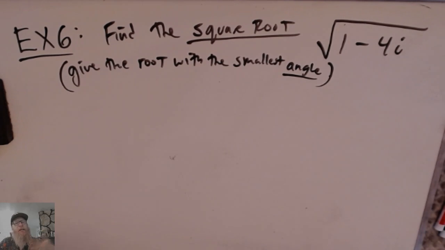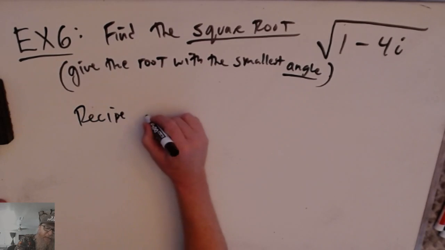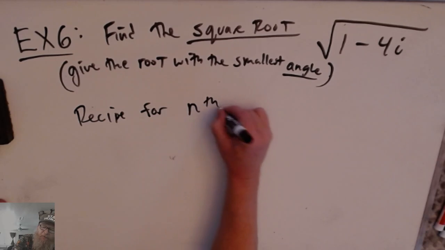You want to use polar. I mean, not that polar is not algebra, but you want to use trigonometry in order to simplify this. So similar to the power formula, we have a recipe for nth roots.